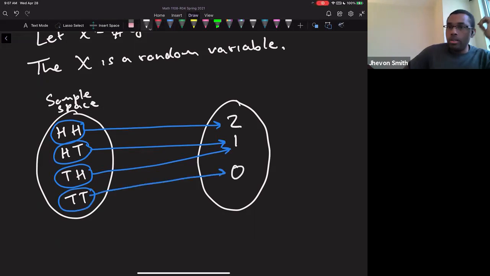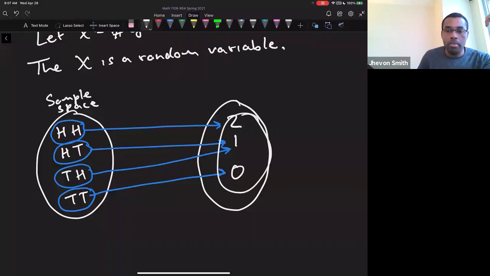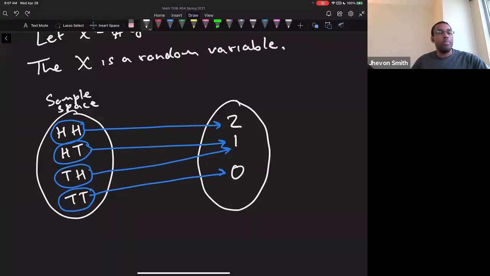So X is a function. All its possible outputs are 0, 1, or 2. And what these numbers actually represent, when you see the number 0, you know that means no heads. If you see the number 1, that means you either got a heads then a tails, or a tails then a heads. If you see the number 2, it means you got heads and heads, right? You got 2 heads. You can actually use the numbers to talk about the events, which is actually super useful when it comes to mathematics.